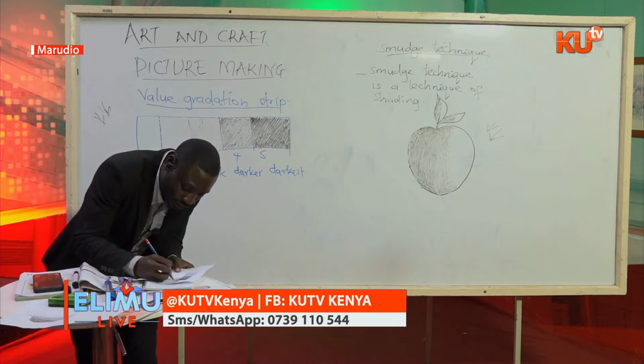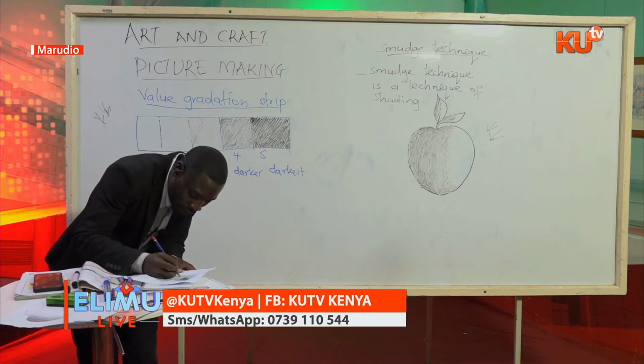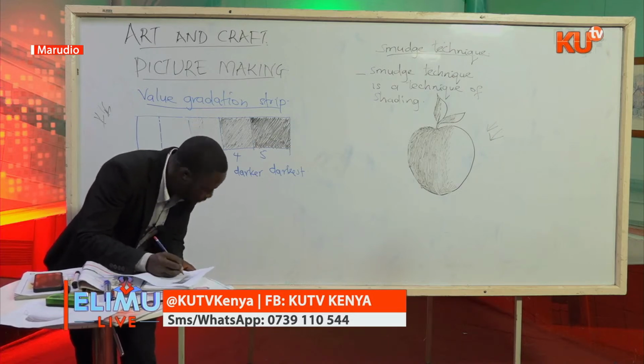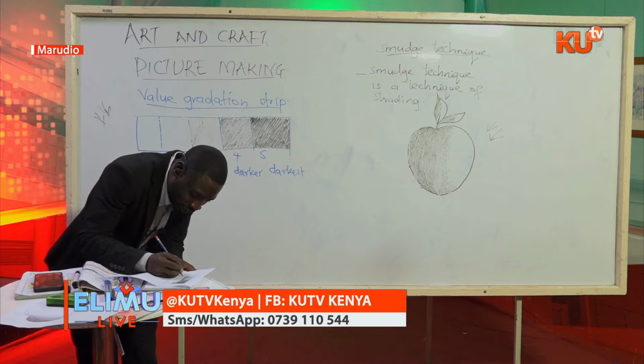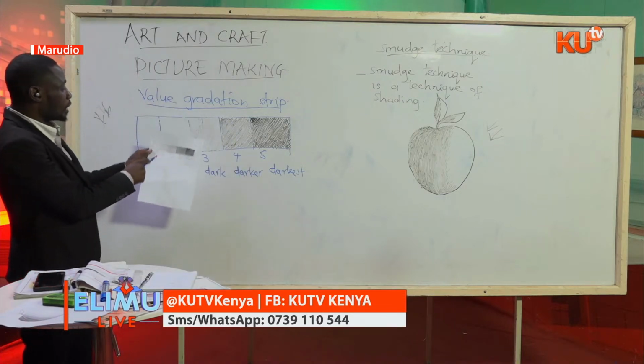Darkest, darker, dark, light and lighter. Okay, we are here, and this is our value gradation.